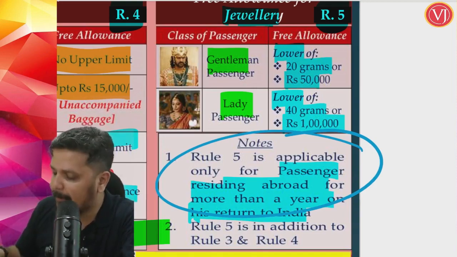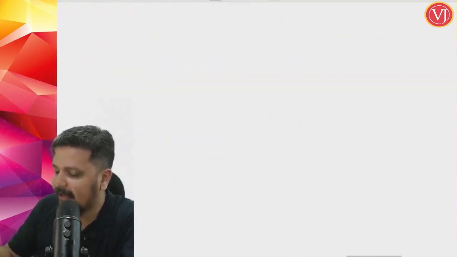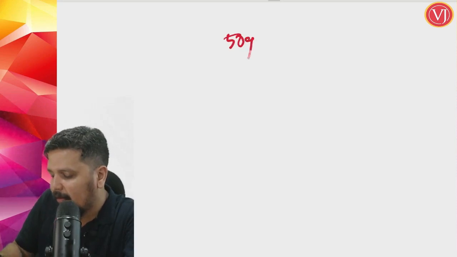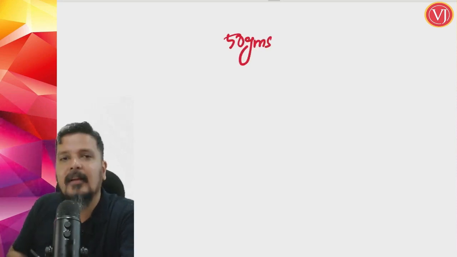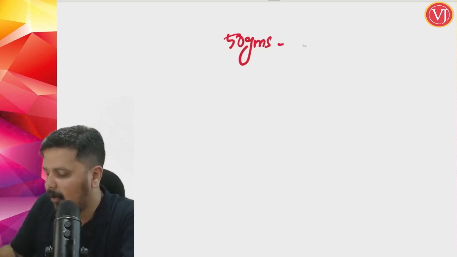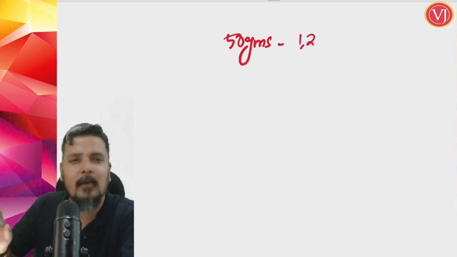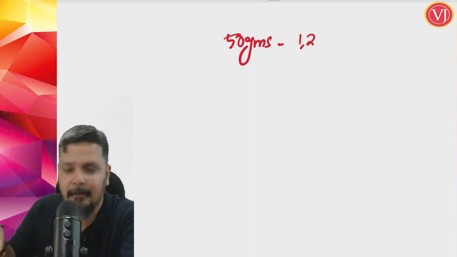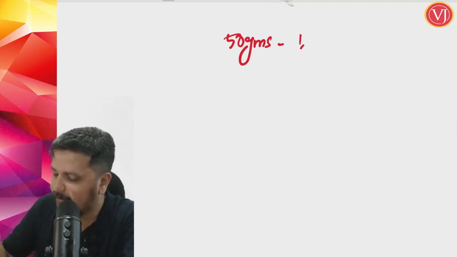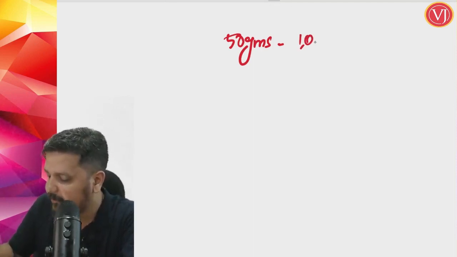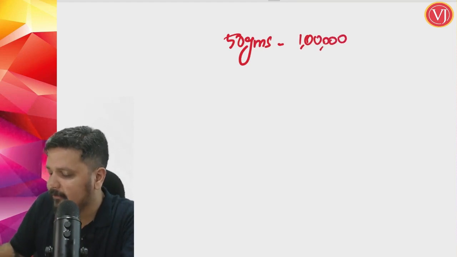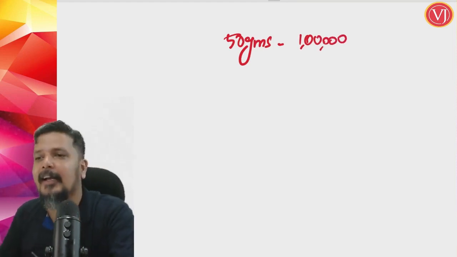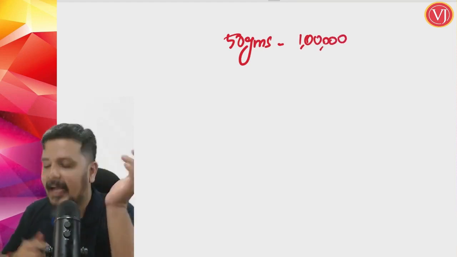For example, if you're talking about a lady passenger and 50 grams is brought, say for a value of 1 lakh, I know that the value is not real that I'm putting, right? Pray it will happen. Assume that it is the case and it is a lady passenger.